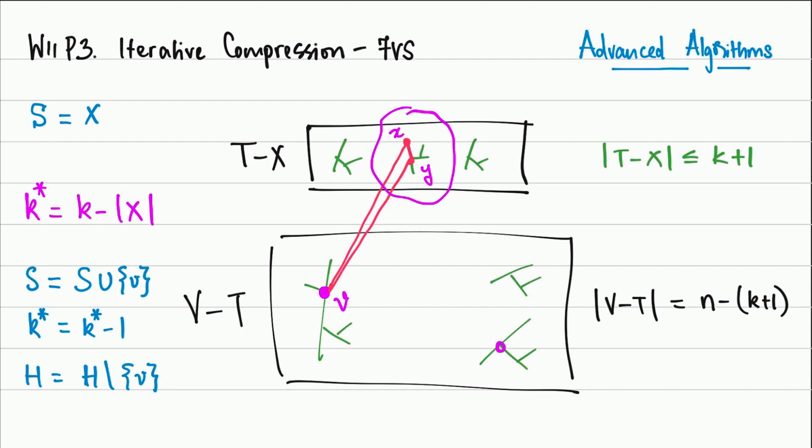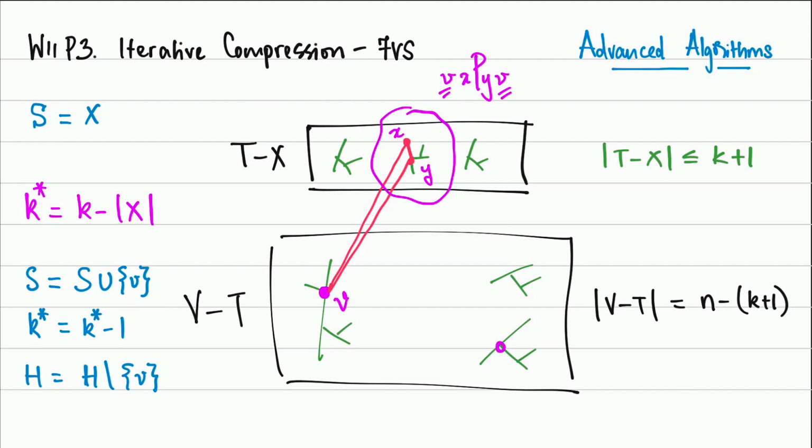So that path between x and y combined with V gives you a cycle in which the only vertex from V minus T is this vertex V out here. Okay, so that would basically force V. So every time you see a vertex V that has two neighbors in the same component of T minus X, we know that we can make progress, reduce our budget, and simplify the graph further.